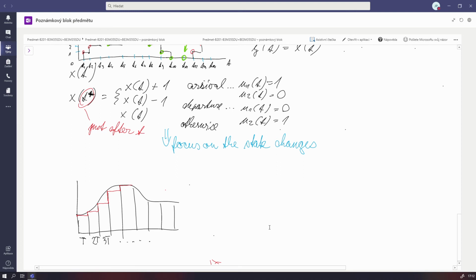In time-driven systems, an example is this sample path, which is sampled by equidistant samples. So it is an example of a time-driven system.